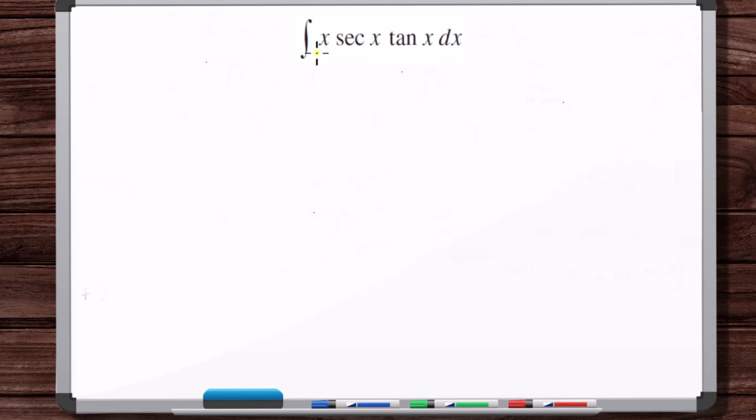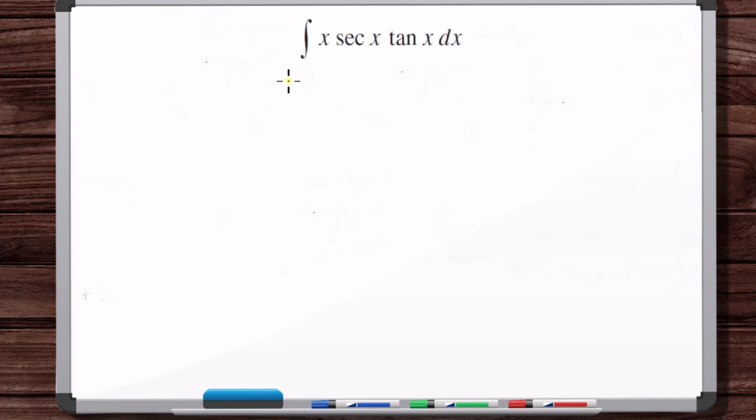I don't think so. So let's just try integration by parts. You can use it for whatever, but think about what we would choose to be the u and the dv here. Well, we definitely want to choose the dv to be secant x tangent x dx because that's the simplest integral.